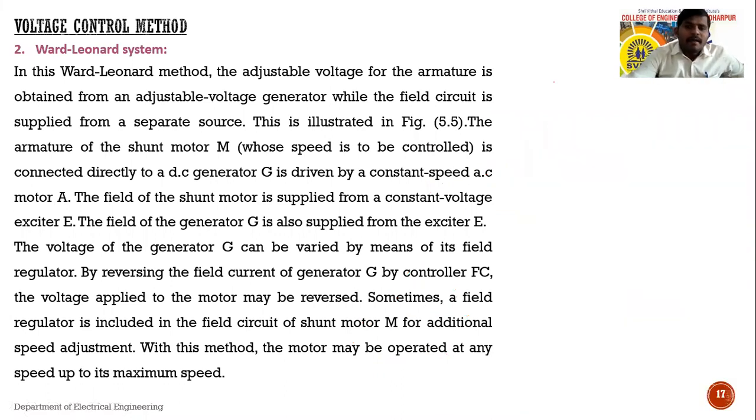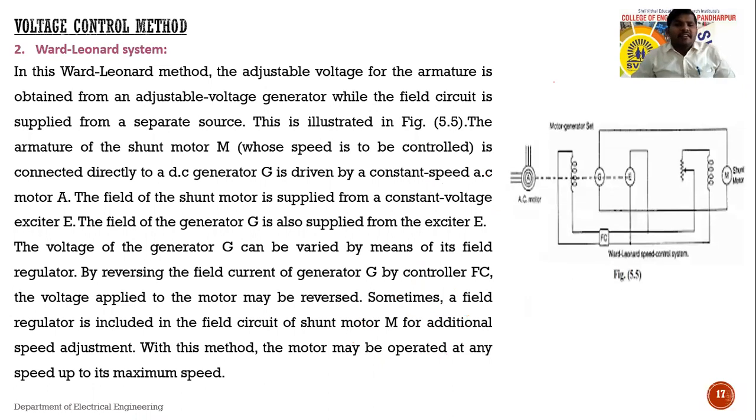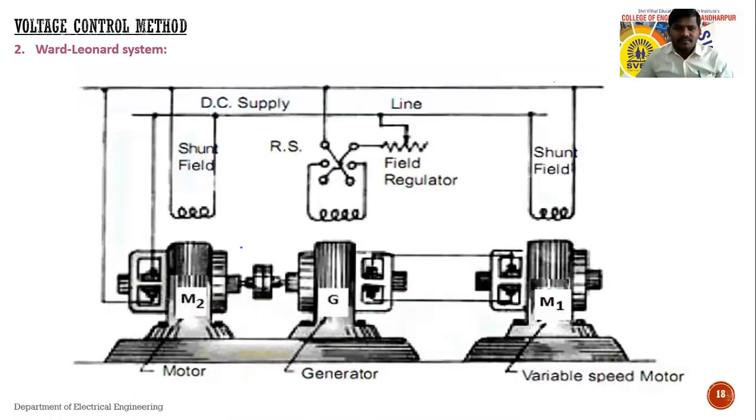Now see, in the Ward-Leonard system, the adjustable voltage for the armature is obtained from an adjustable voltage generator. In this technique, that is the Ward-Leonard system technique, here is the figure.